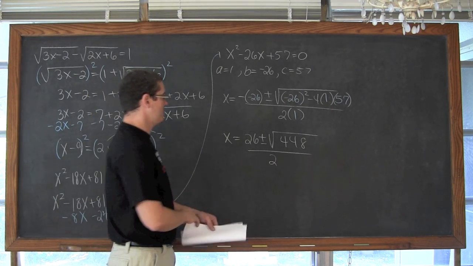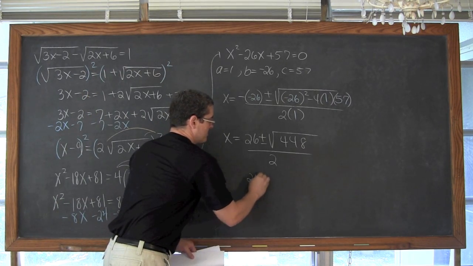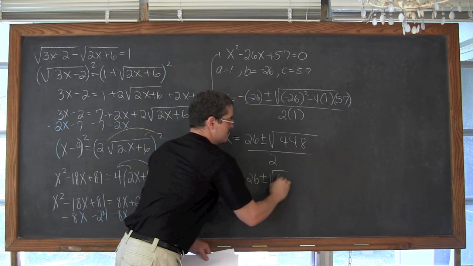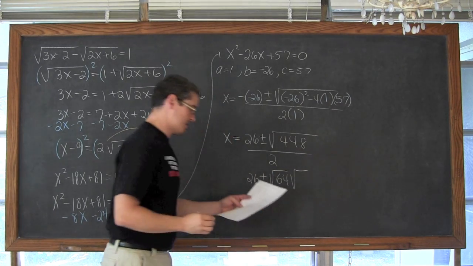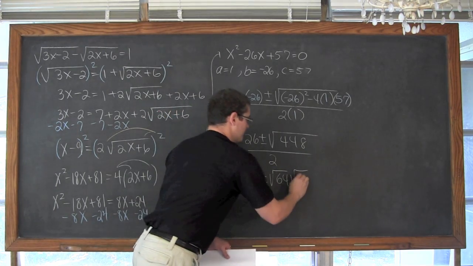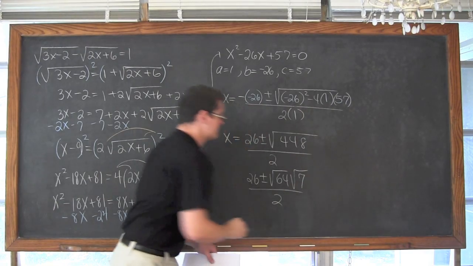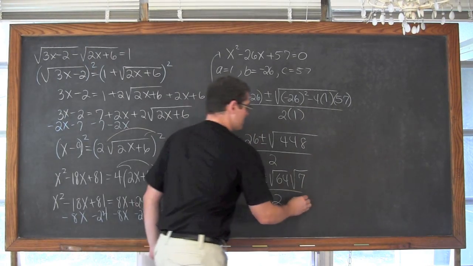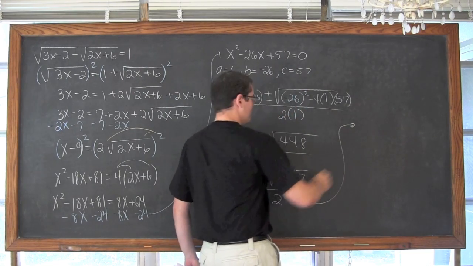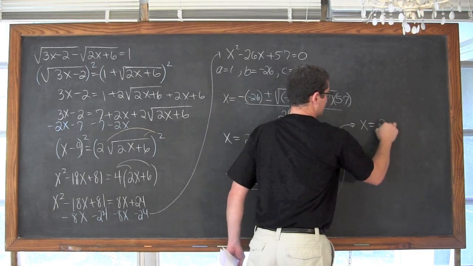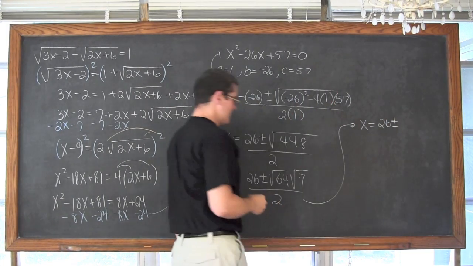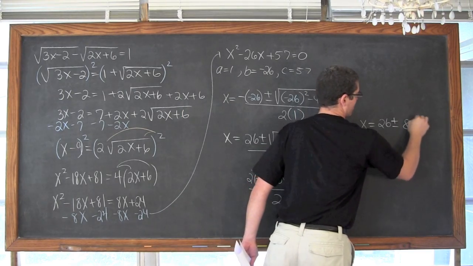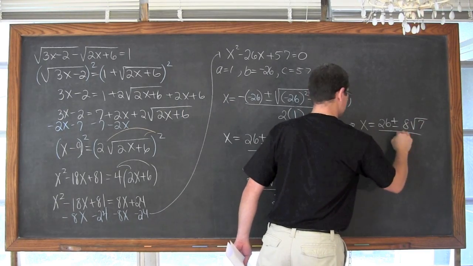So this is going to be 26 plus or minus the square root of 64 times the square root of 7, all over 2, and the square root of 64 is, of course, 8. So this comes out to be x is equal to 26 plus or minus 8 square root of 7 over 2.